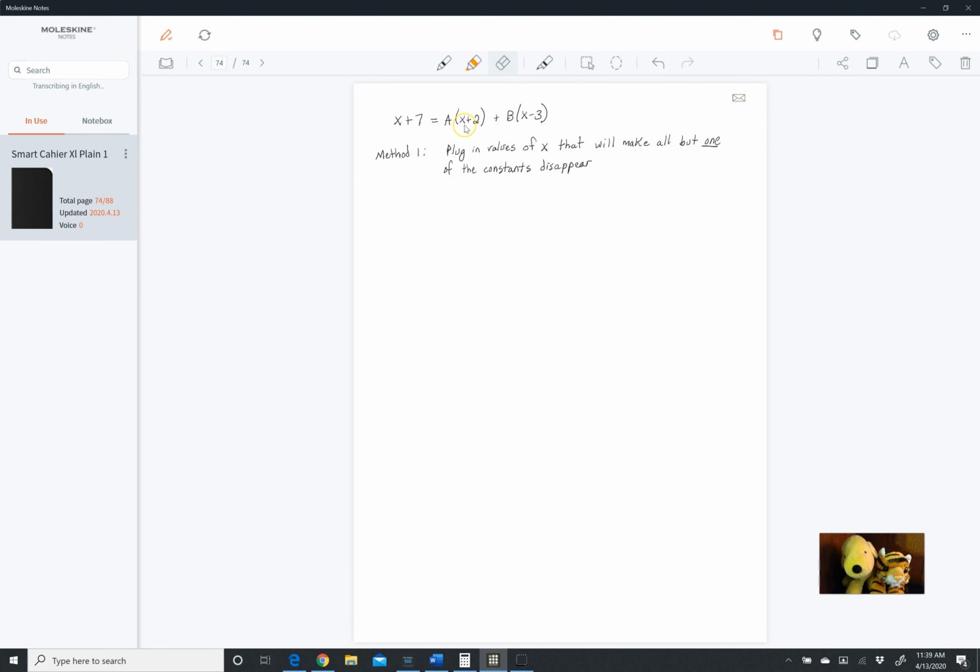So we're saying, okay, what's a value for x that we could plug in here that's going to make this a go away? A value would be -2, and the reason for that is -2 plus 2 is 0, and 0 times anything is 0. So if we plug in x equals -2, this goes away, and then we can solve for b.